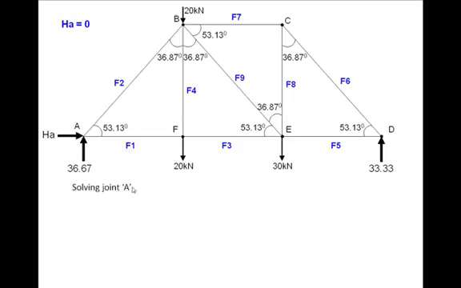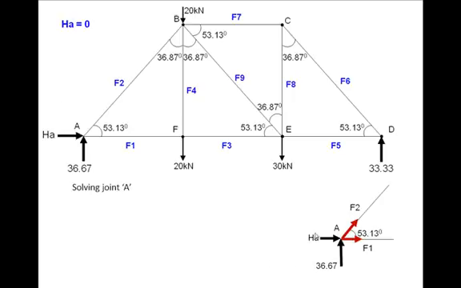Now isolate joint A, because we have to solve joint A first. When I isolate it, we draw all the forces which were acting on this joint while it was in the truss. One is HA, another is 36.67, another is F1, and another is F2.